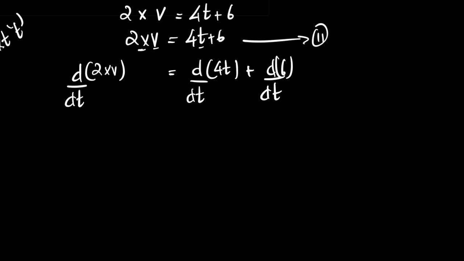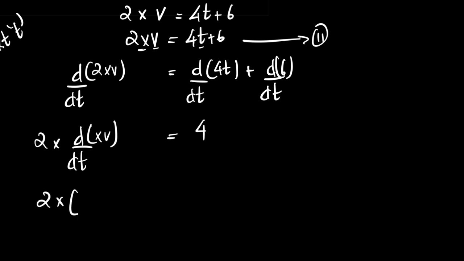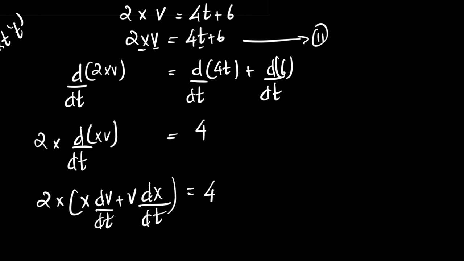What is d by dt of 2xv? It is 2 into d by dt of xv is equal to 4 plus 0, right? 4. Now, d by dt of xv is x into dv by dt plus v into dx by dt, which is equal to 4.